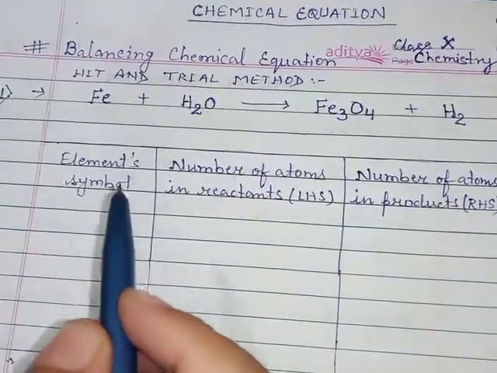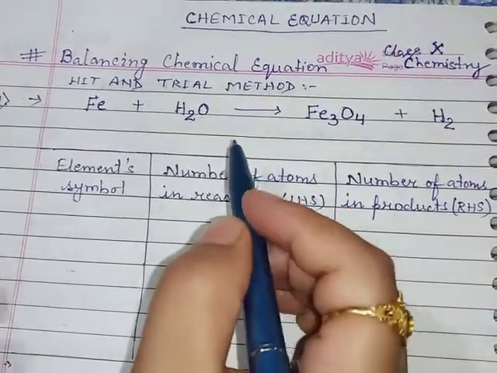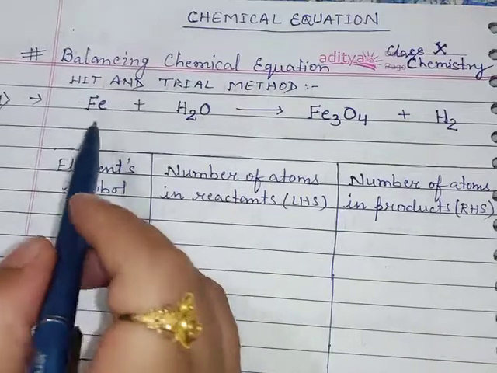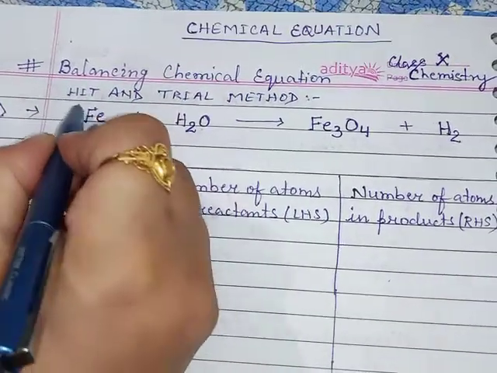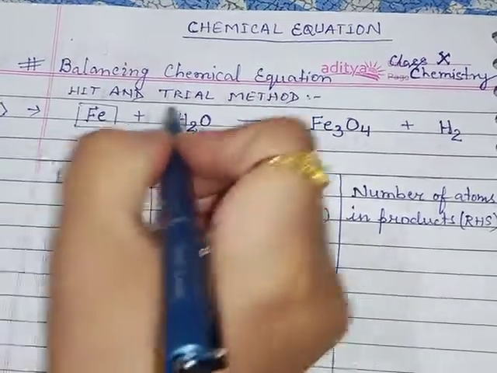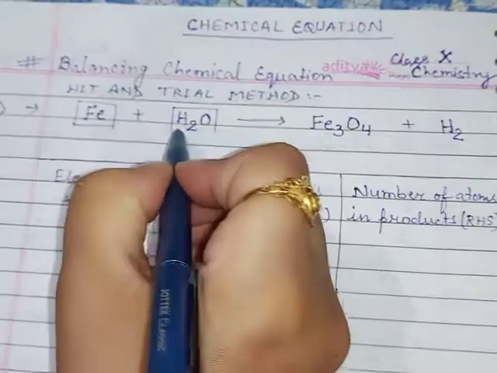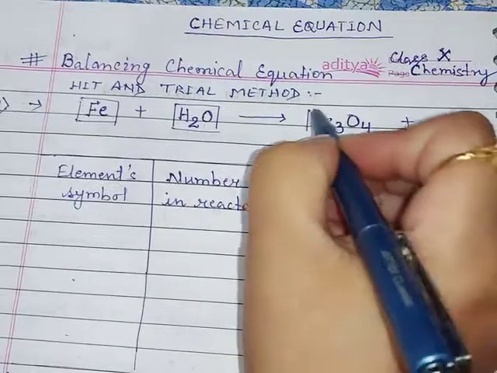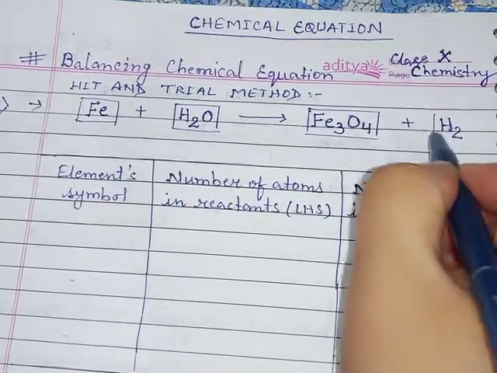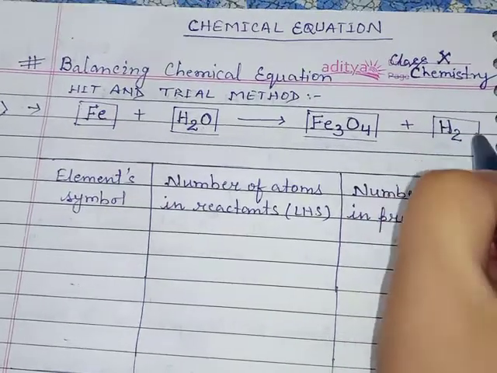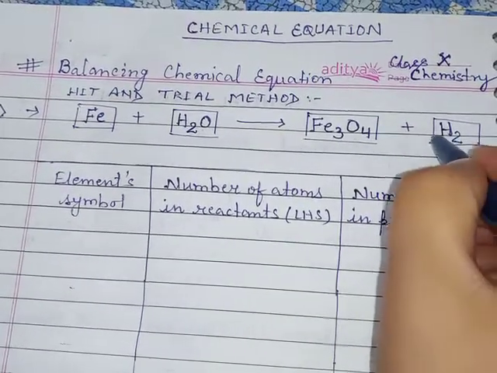Now we discuss how to balance a chemical equation. First step is to draw boxes around each formula, and do not change anything inside the boxes while balancing the equation.